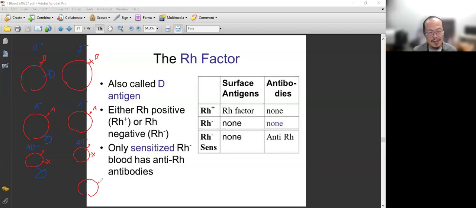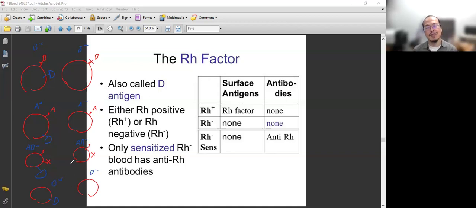O is the same thing. No antigen A and B, but this person may have D. So if he or she has a D, we call it O plus. So let me show here. So here is D. So this one will be the O minus. This one will be the O plus.